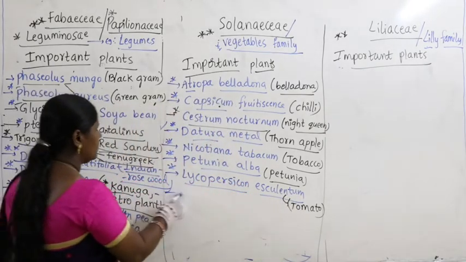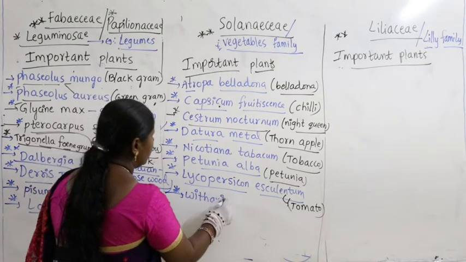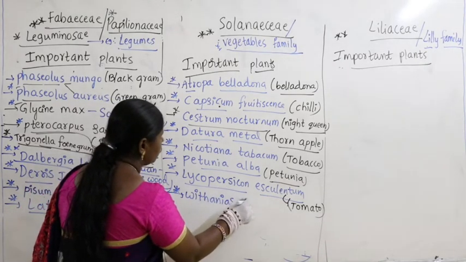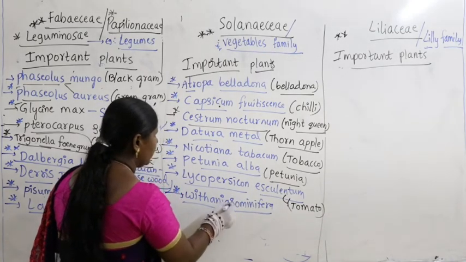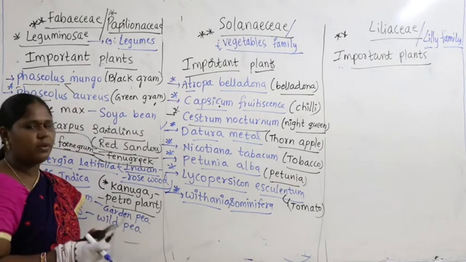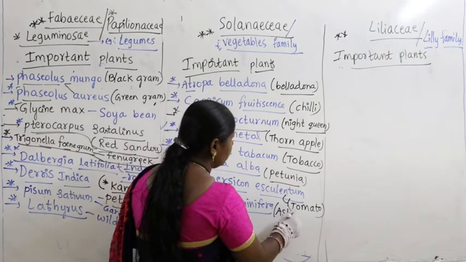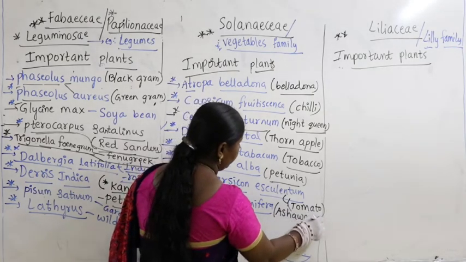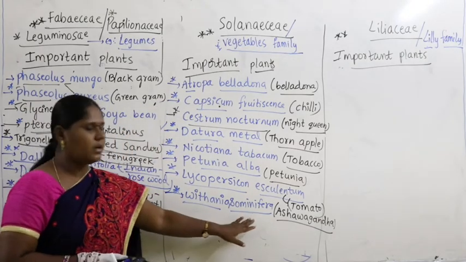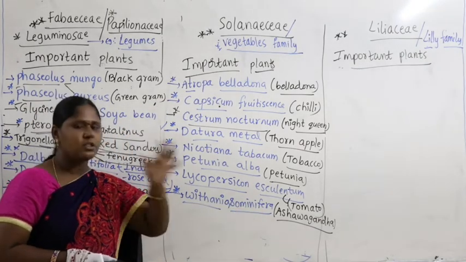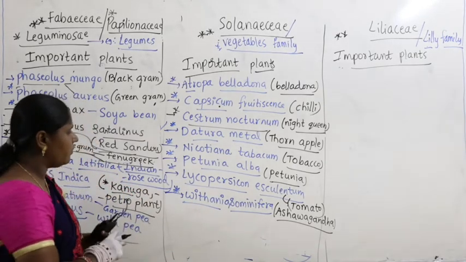Then along with this, Withania somnifera. So Withania somnifera, that is the scientific name for what? A medicinal plant, ashwagandha. Ashwagandha is the most commonly used medicinal plant. Right?